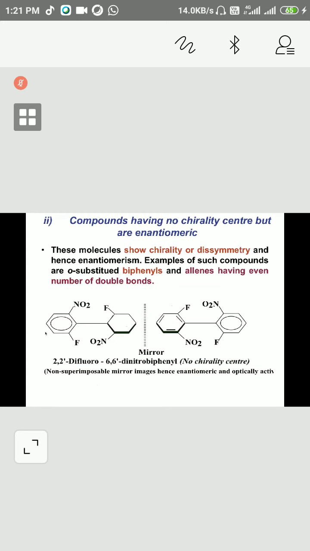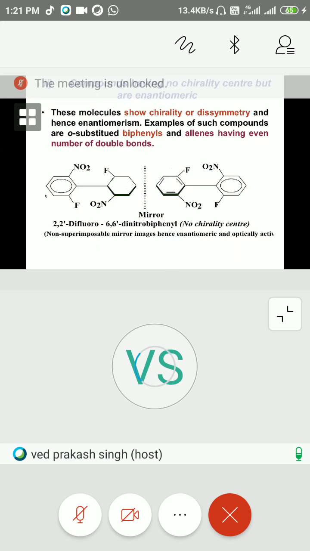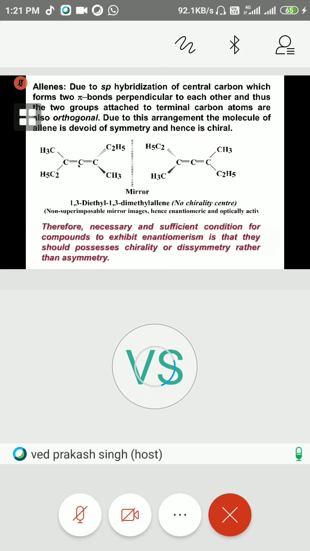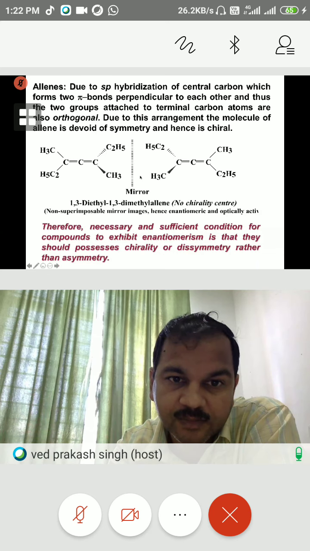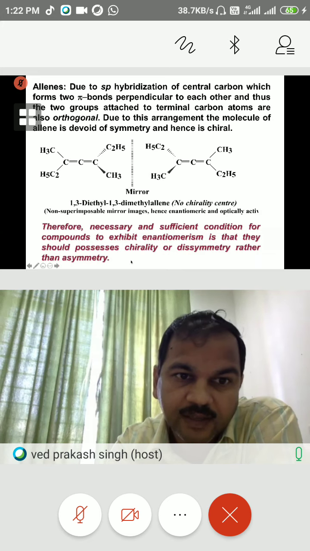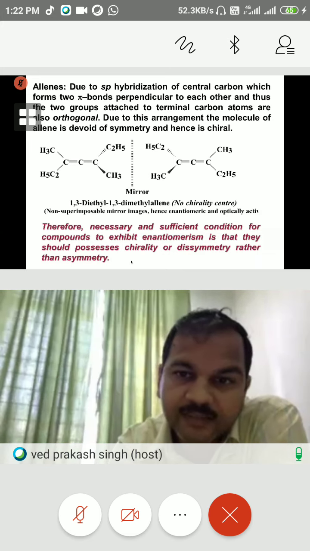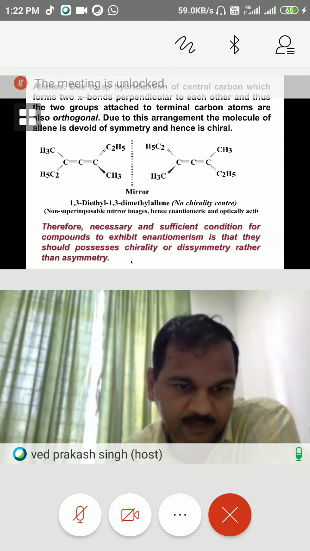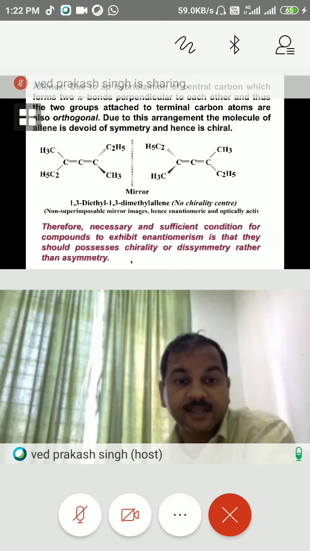The mirror image is not superimposable on the original. If you rotate this molecule to bring it like this, then this will be different from this. So you will not get superimposability of this molecule with its mirror image. Therefore, the necessary and sufficient condition to exhibit enantiomerism is that the molecule should possess chirality or disymmetry rather than asymmetry.